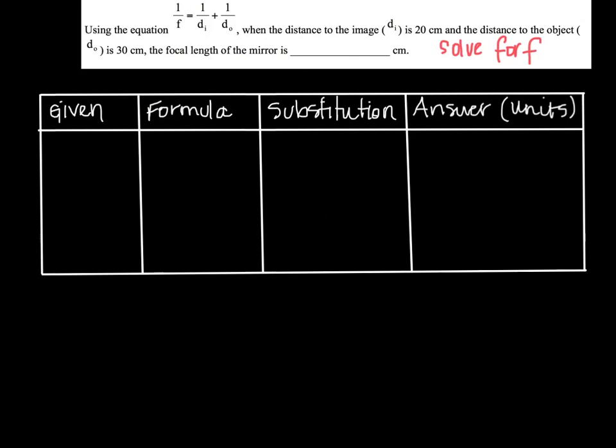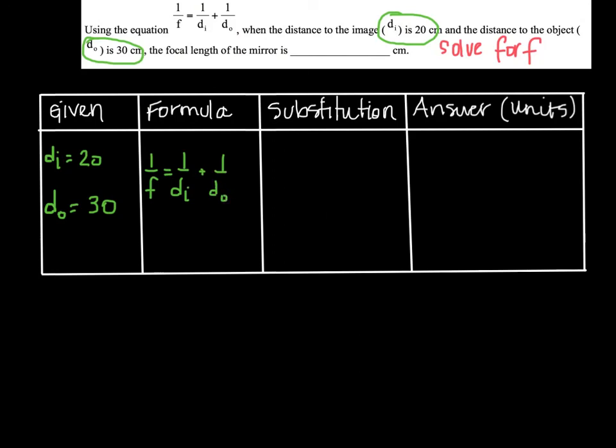After you do that, let's see. What are we given? We are given that d sub i is 20 centimeters. We are also given that d sub o is 30 centimeters. We're given a formula. 1 over f equals 1 over d sub i plus 1 over d sub o.